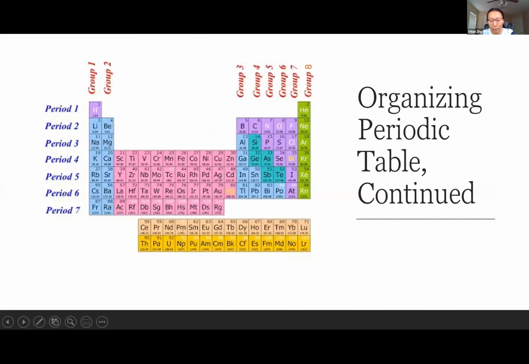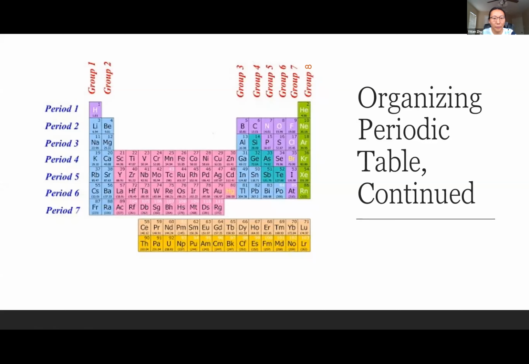So now we'll talk about organizing the periodic table not by blocks, but by periods and groups. Each group has the same number of valence electrons, so electrons in the outermost shell, and the number of the group is the number of valence electrons in the shell. Now also it's arranged by period, which says which shell is the highest energy filled shell.